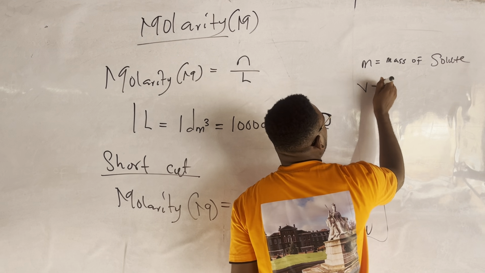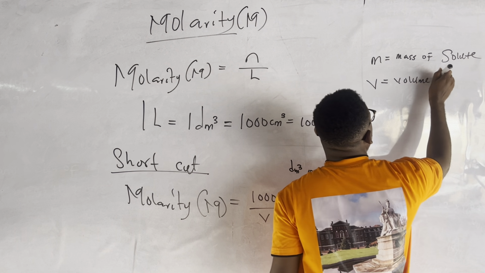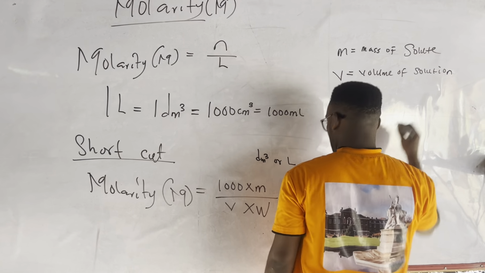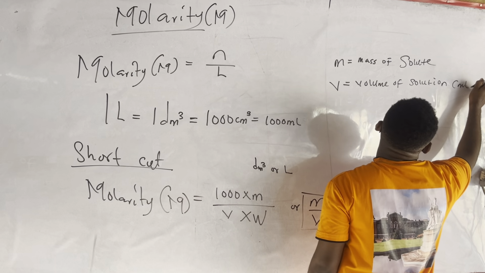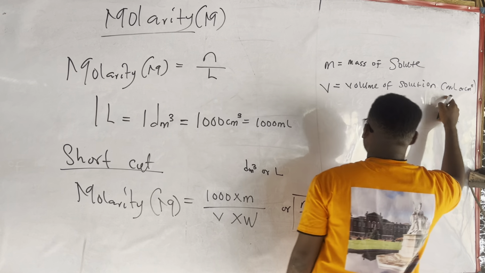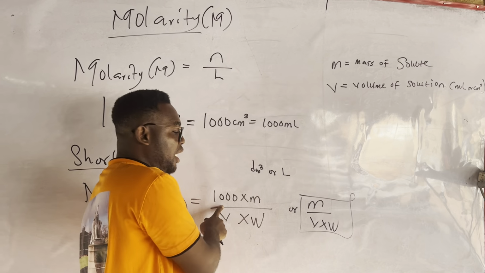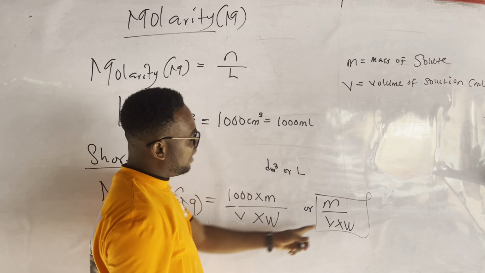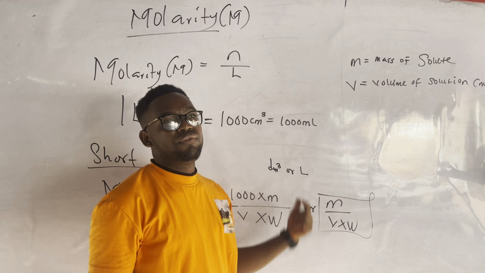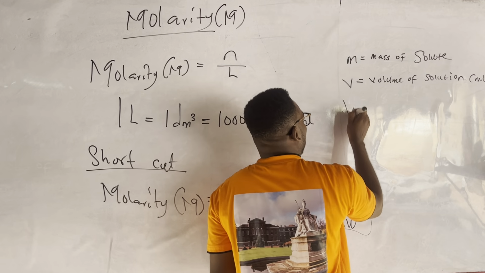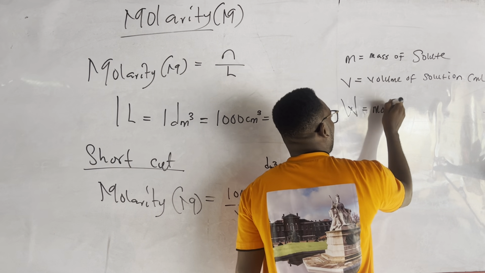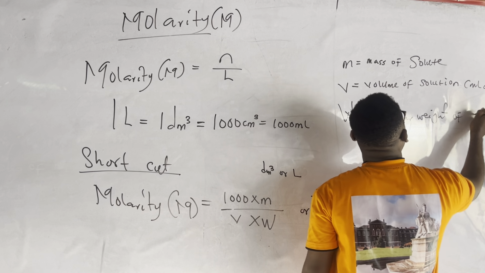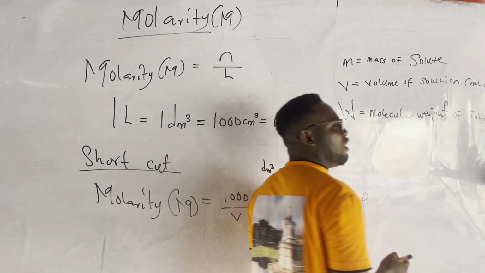The V stands for volume of solution, and it will be in milliliter or cm cube for you to leave the 1000 in the formula. If the volume is in dm cube or liter, kindly remove this 1000, then use mass divided by volume times W. Now, what about the W? The W stands for molecular weight of solute.